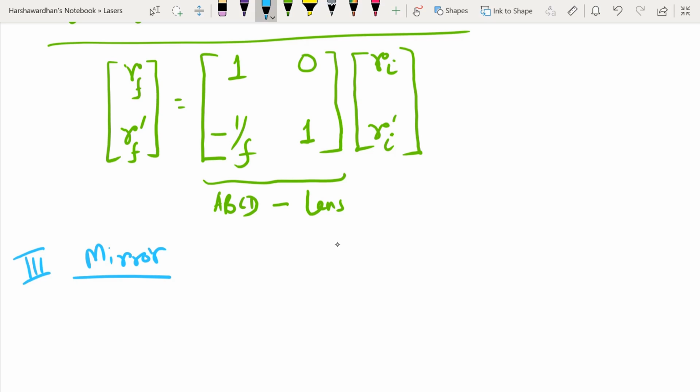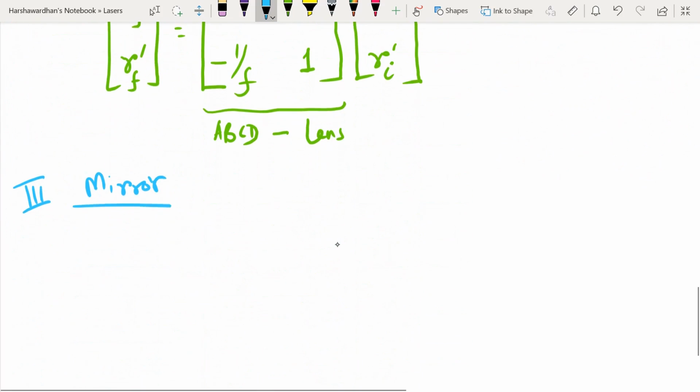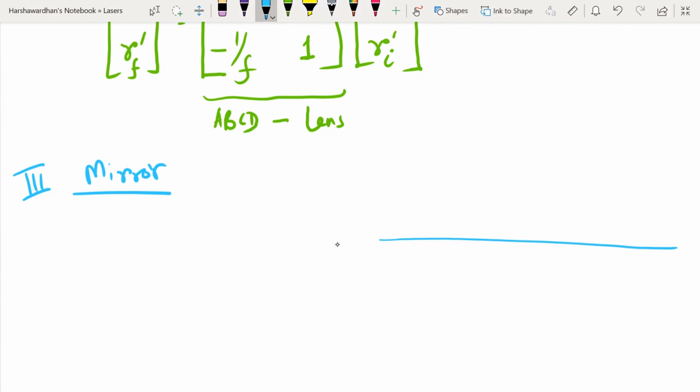So for a mirror, again, I come up with a similar diagram. So what I have is my Z axis, and for the mirror, I'm exaggerating, what I'm looking at is a convex mirror at the moment. And then for the mirror, there is a radius of curvature R, right?